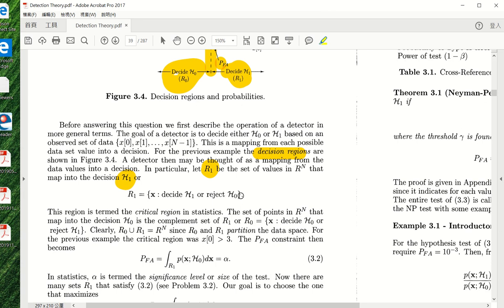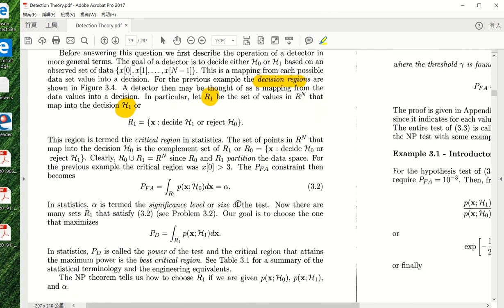Of course, there are only two hypotheses. So when we say reject H0, that means we decide H1. It's the same thing because we have two hypotheses. But if there are multiple hypotheses, then this would not be the case.